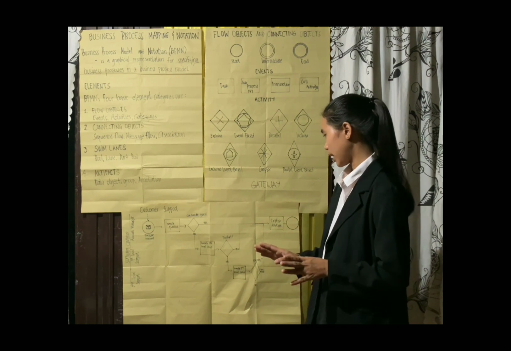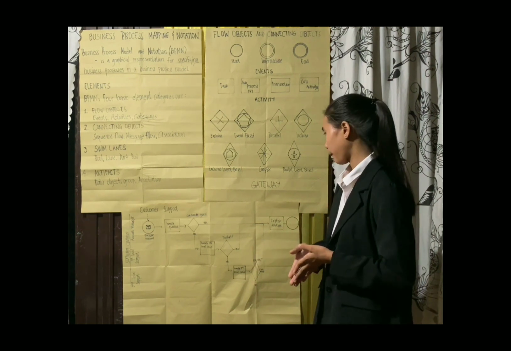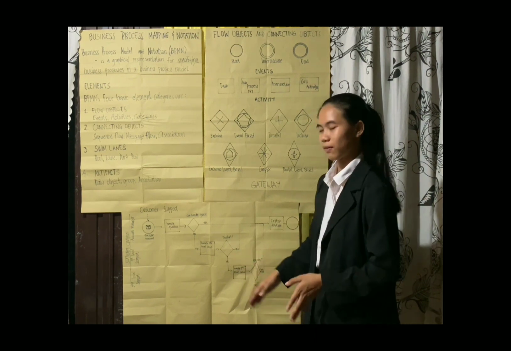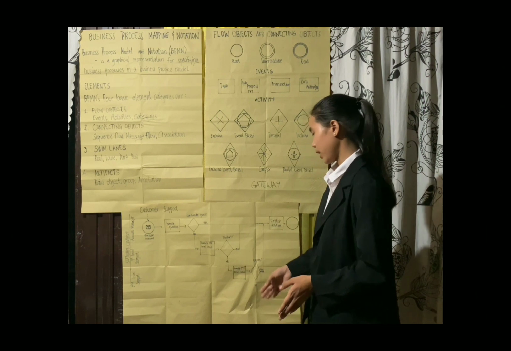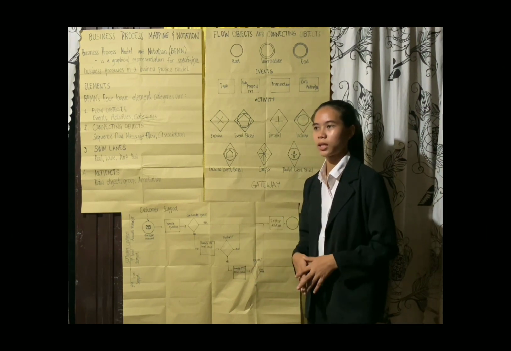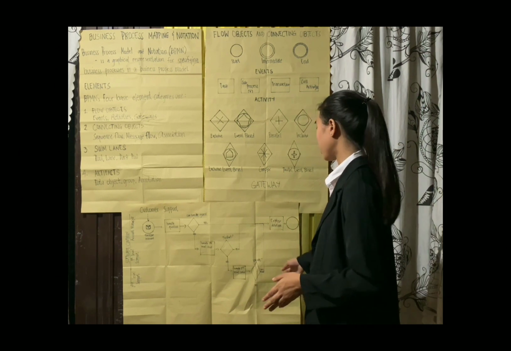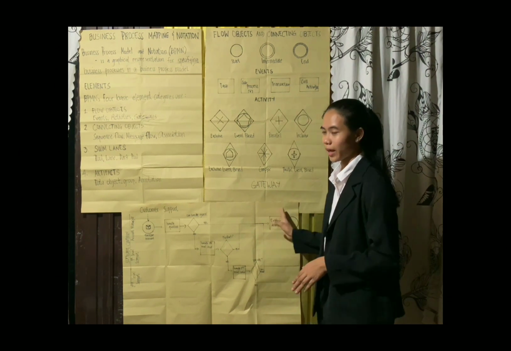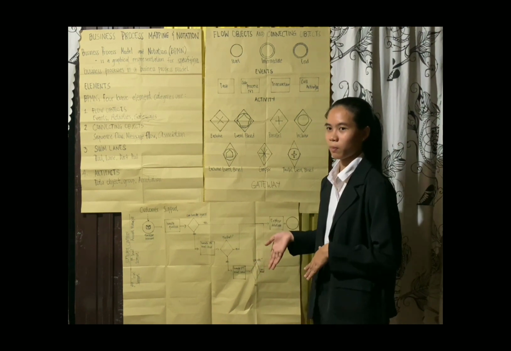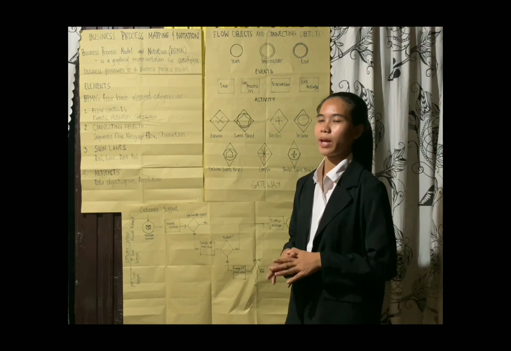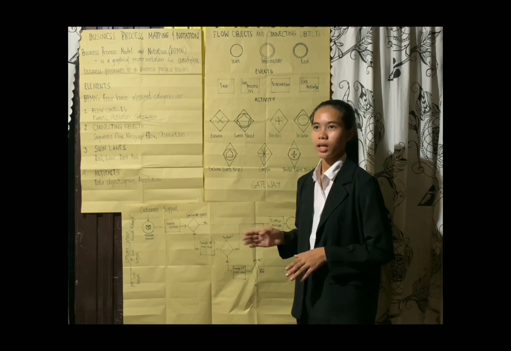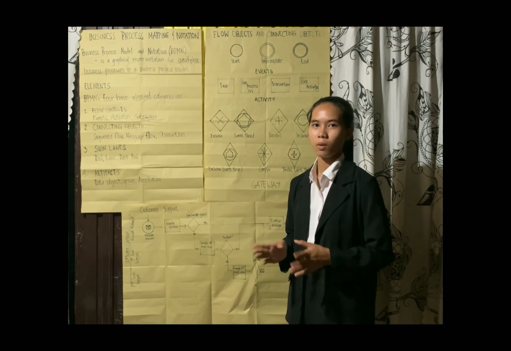Then if he or she still cannot explain, the second level support comes in, and if he or she is pretty sure, then he will directly explain the solution of the problem, and that's the end of your process. And that's how the BPMN in the BPO industry works.